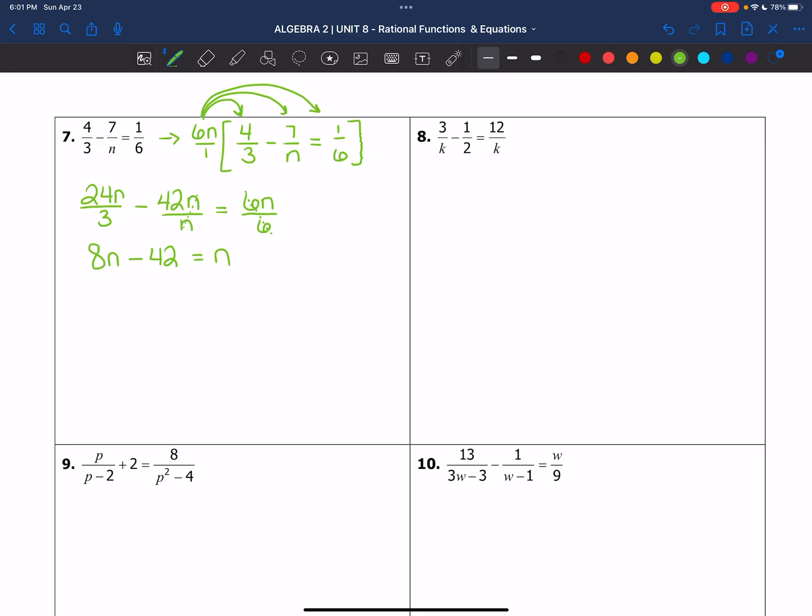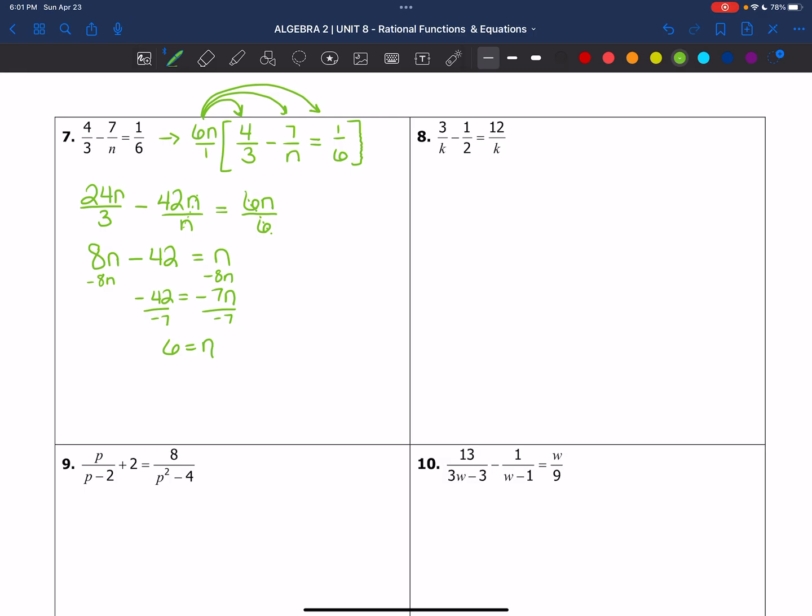And we can do that by just subtracting 8n on each side. That gives us negative 42 equals negative 7n. Then just dividing by 7 on each side, that gives us that the value of n that makes this true would be positive 6.